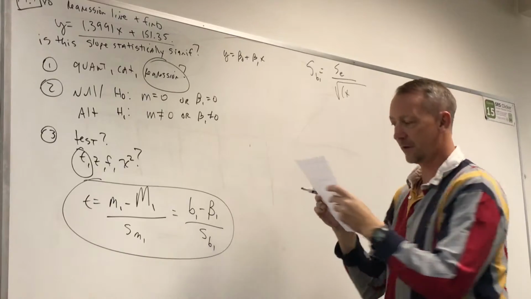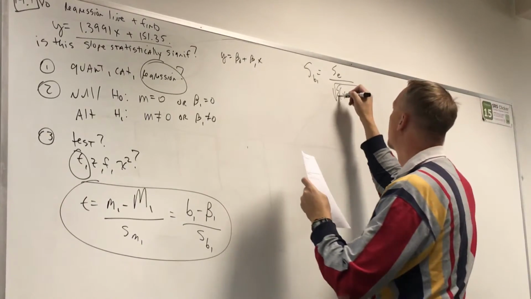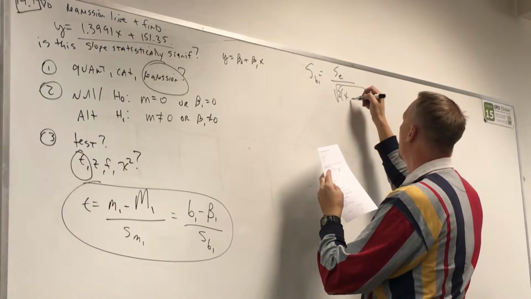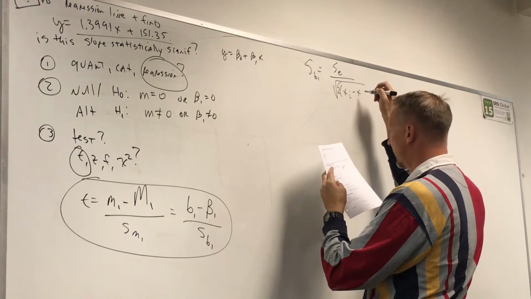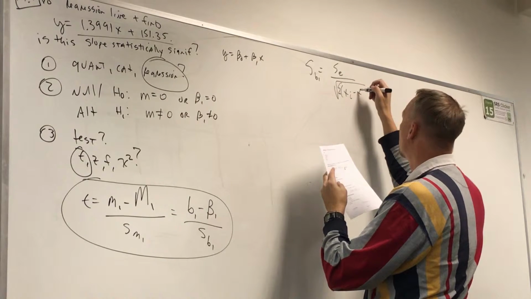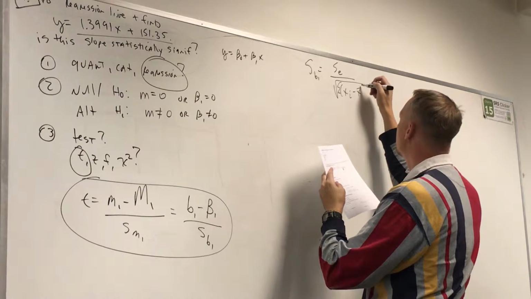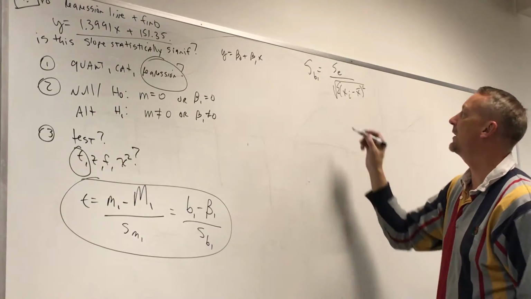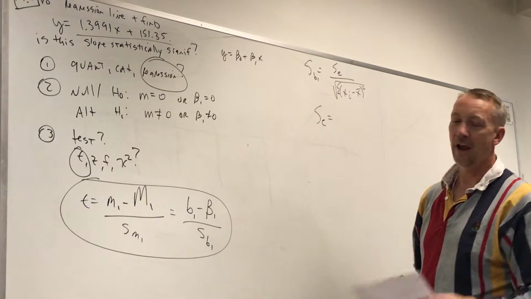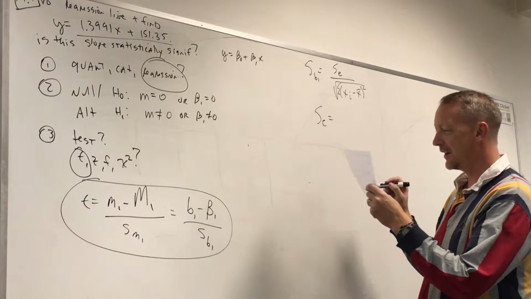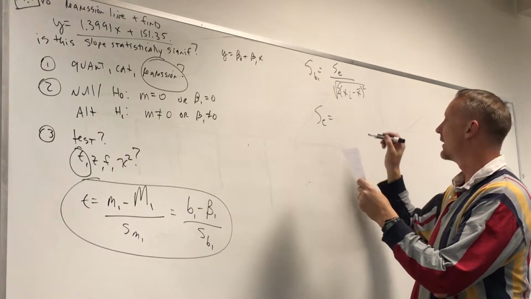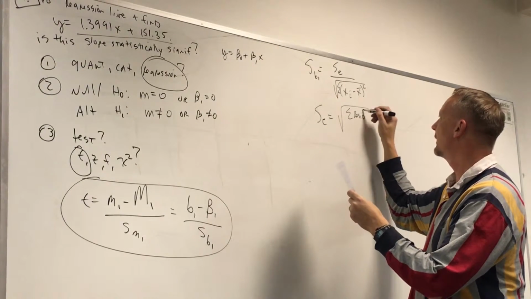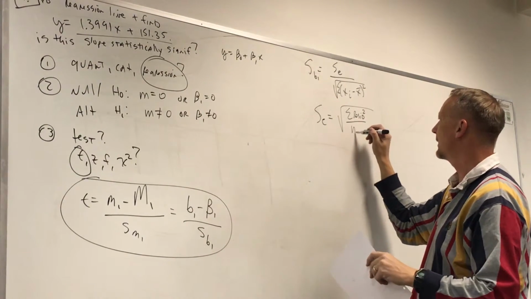Sorry, I think that's wrong. This is the sum. I need to fix my notes here. Sum of xi minus x bar squared. Okay? Now, in order to find S sub E is the square root of the residuals squared divided by n minus 2.